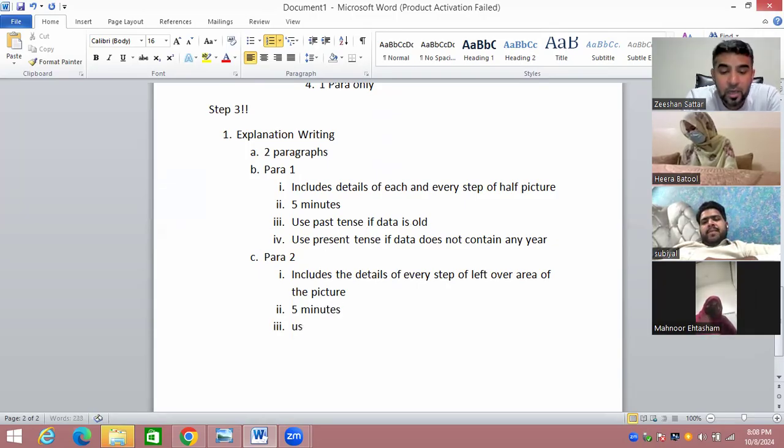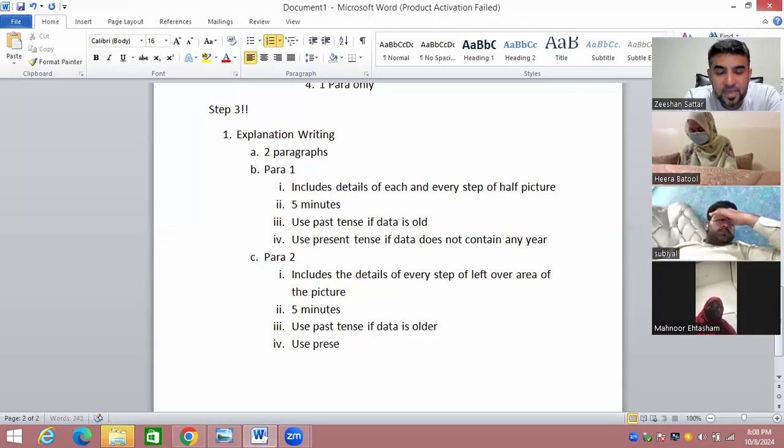Number 3, use past tense if data is older. Use present tense if data does not contain any date or year.